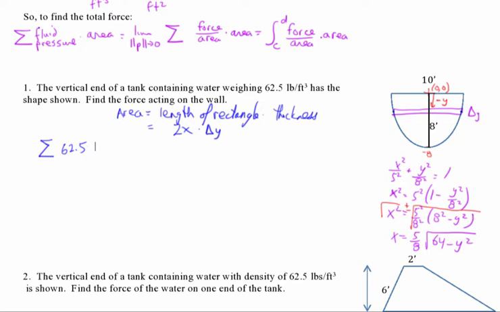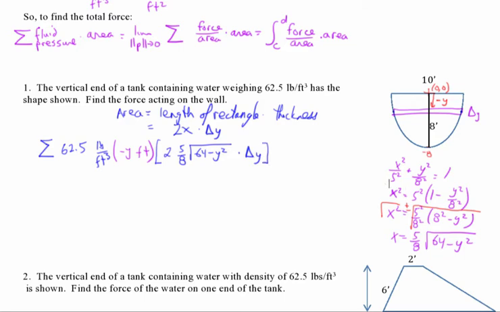So we're going to sum up 62.5 pounds per cubic foot times our depth, which will be our negative y, feet, times our area, which will be 2 times 5/8, that's what we have over here, square root of 64 minus y squared, and then our delta y.